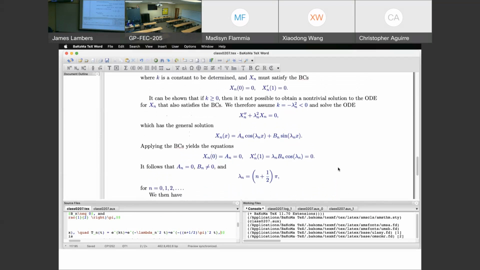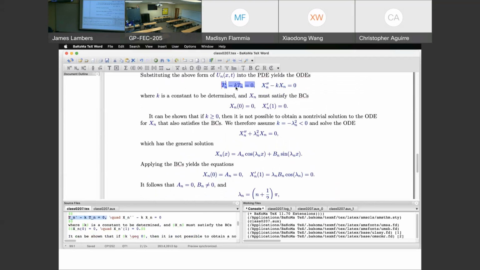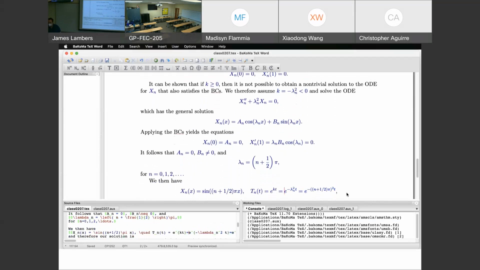These ODEs, time and space, we can solve independently, but because this one also has boundary conditions, the solution to the time ODE is not completely specified until we have a full solution to the spatial one too. That's what I'm taking into account when I do this.